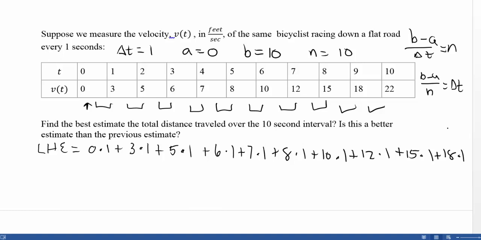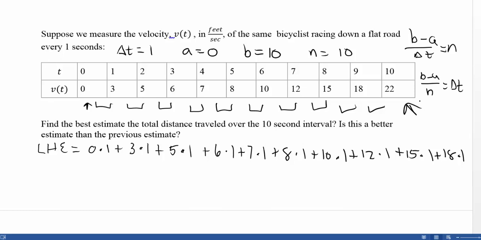Now, you may be wondering how I was able to go so quickly, but I want to remind you that if we're always picking the rate on the left, we're going to use every single rate except for 22. So I was just going down the list and writing down the rate and multiplying each rate by my delta t. And I knew that I could use all of them except for 22 because 22 is the rightmost point.